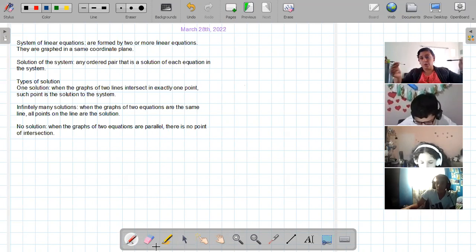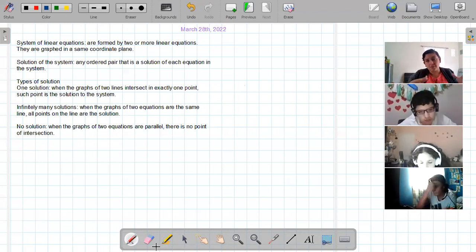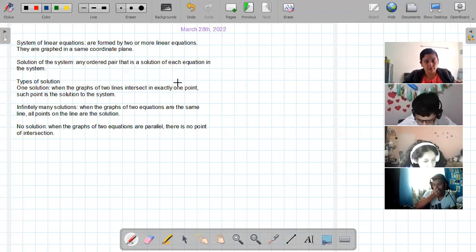They will extend to both sides, having exactly the same distance in between them. So they will never intersect. Therefore, there is no solution, okay? You're going to see how we determine that there's no solution when we are solving a system with the other method. Now, again, we have three types of solutions: one solution, infinitely many solutions, or no solution.